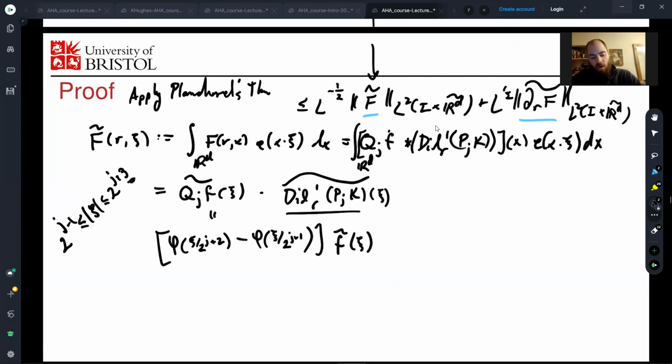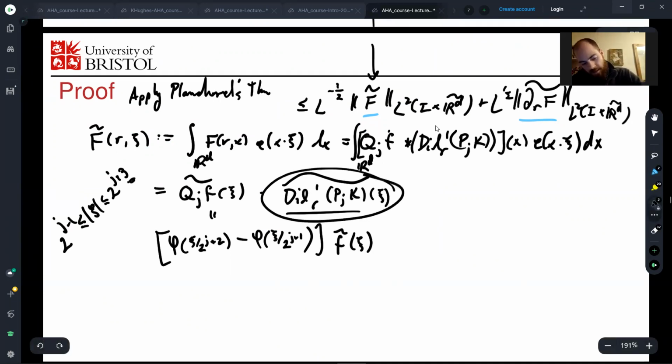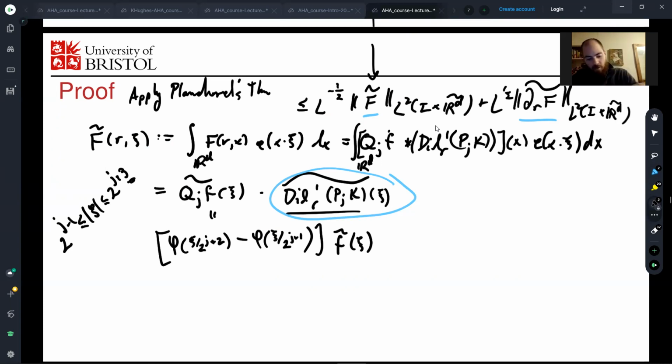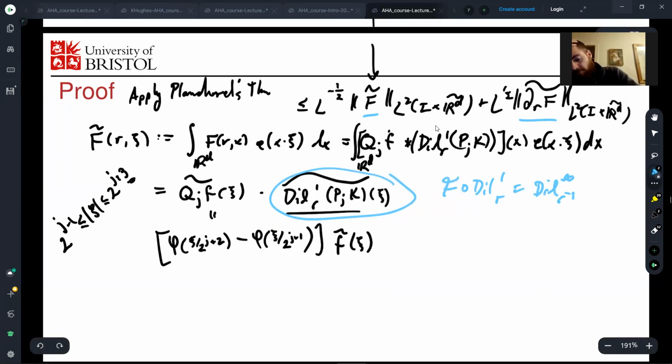Yes, so our study now is, of course, this. And this is where our Fourier transform property is useful. We said that the Fourier transform with the dilation in L1 was the same as, so this is dilating first and then taking the Fourier transform, is the same as Fourier transforming first and then dilating, but in L infinity at the inverse scale.